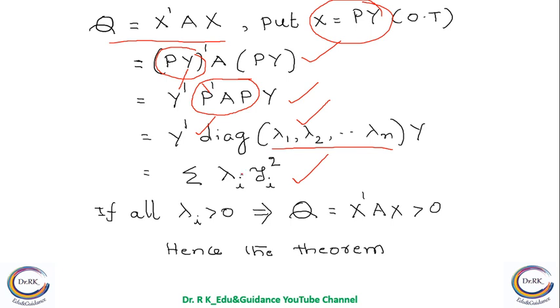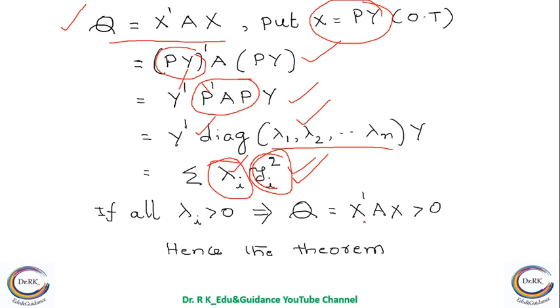In the sufficiency part, we took the lambda i's to be always positive, and y1 square plus y2 square and so on is always positive. So this is always positive, that means Q is always positive.